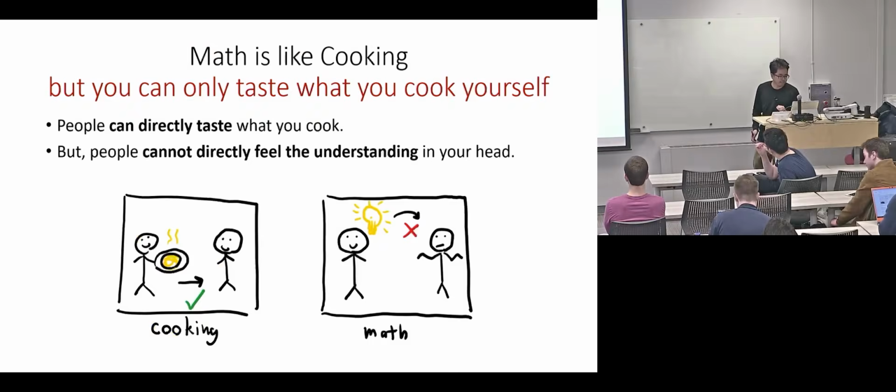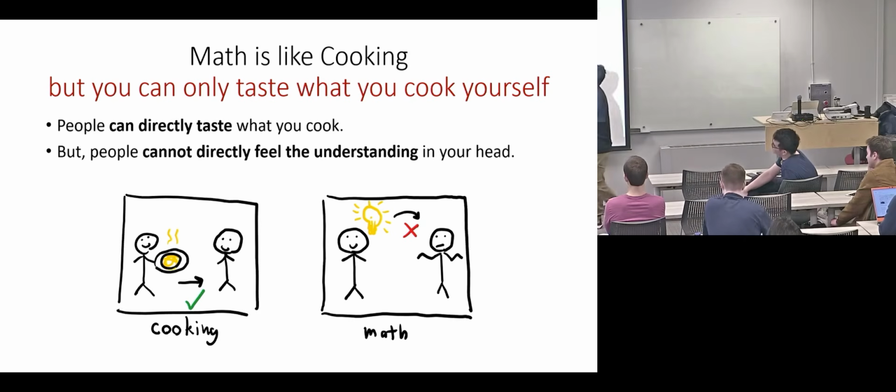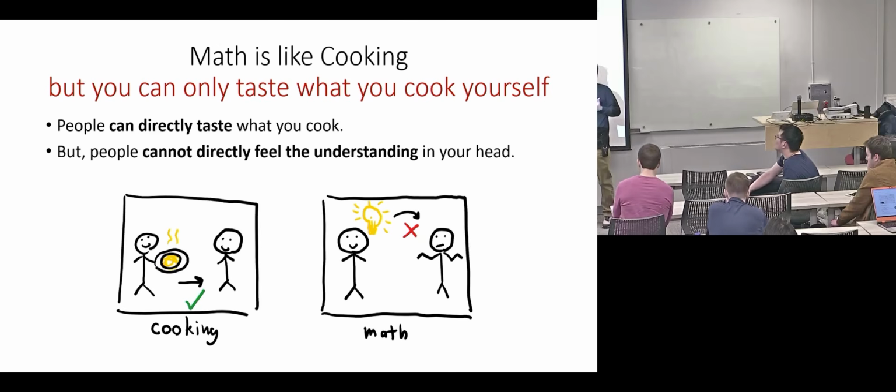However, what's different between math and cooking is that you can only taste what you cook yourself. When you cook, you can give the food to other people directly, but you cannot just transfer the feeling of this understanding to another person directly.